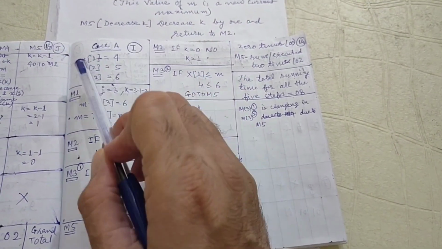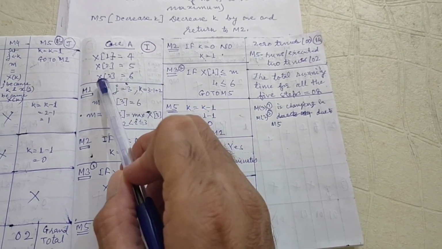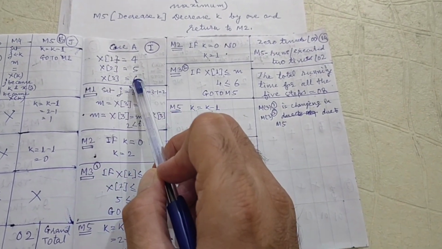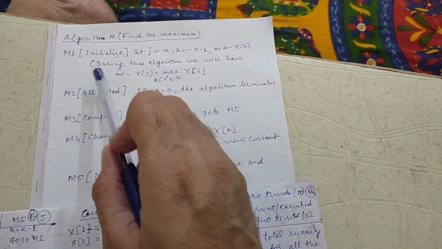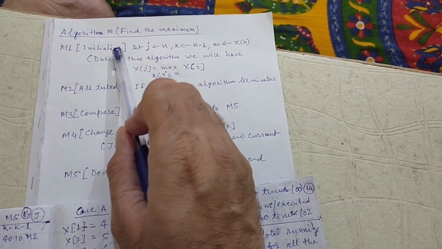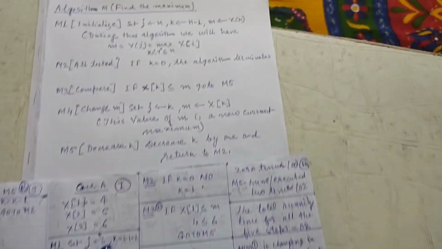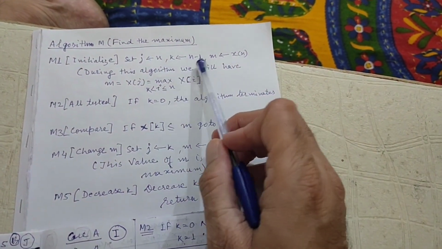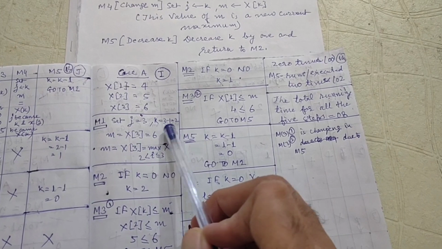Case 1: x1 is equal to 4, x2 is equal to 5, x3 is equal to 6. M1 initialization. Set j is equal to n. J is equal to 3. K is equal to n minus 1, k is equal to 3 minus 1 is 2.